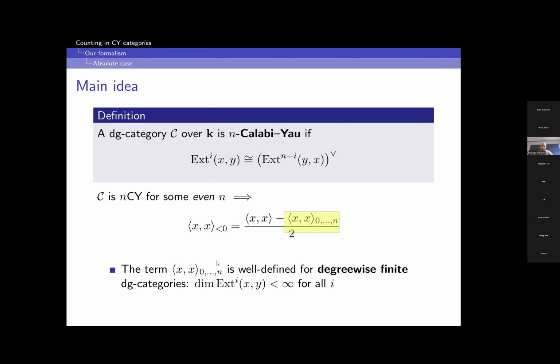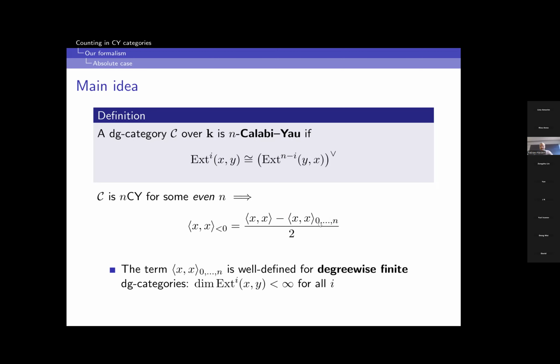So, Kate, can you explain why you ruled out odd dimensional? Because for example n equals 3, people are interested in 3-dimensional Calabi-Yau, which is not in your class. Yeah, if n is odd, then I don't get this formula. I cannot rewrite it.